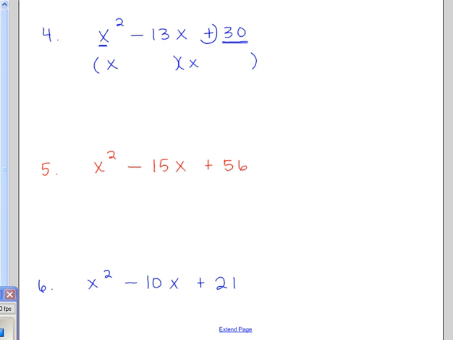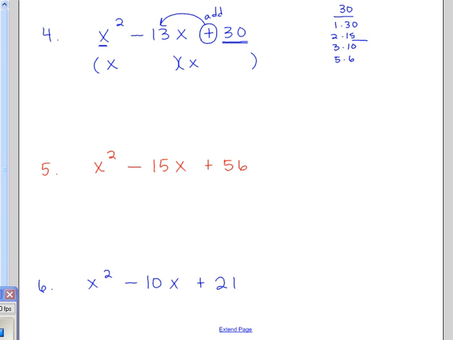This sign still means that we need to find two numbers that multiply to be 30, but add to be negative 13. Okay, if that is positive, it still means you want to find the two numbers that add to give you the middle term. So if I again make a list of all the factors of 30, 1 times 30, 2 times 15, 3 times 10, or 5 times 6, which two numbers would add up to be 13?